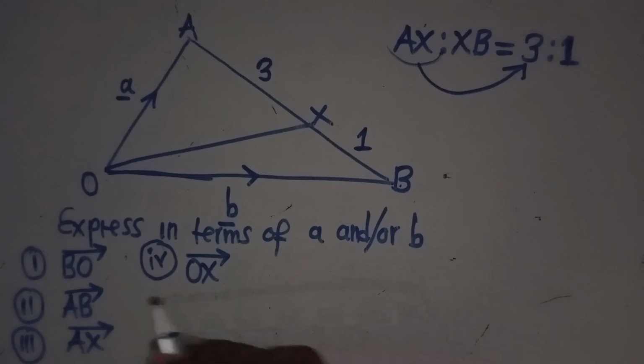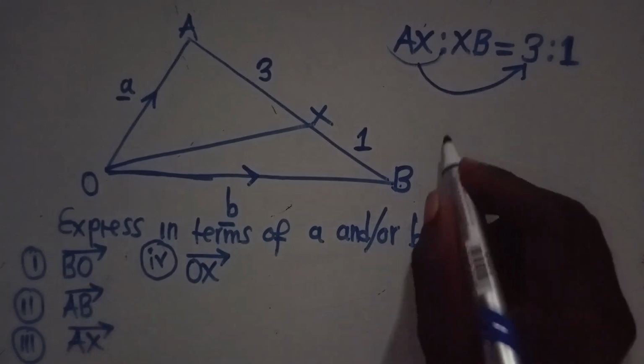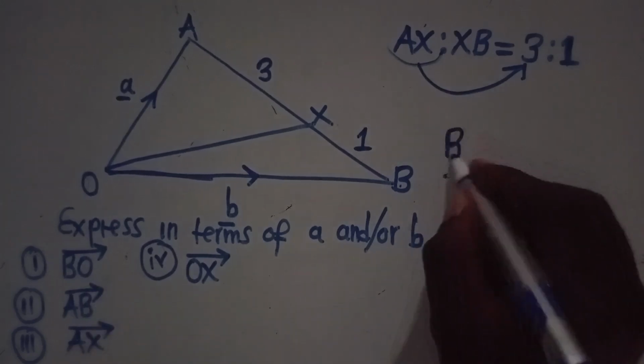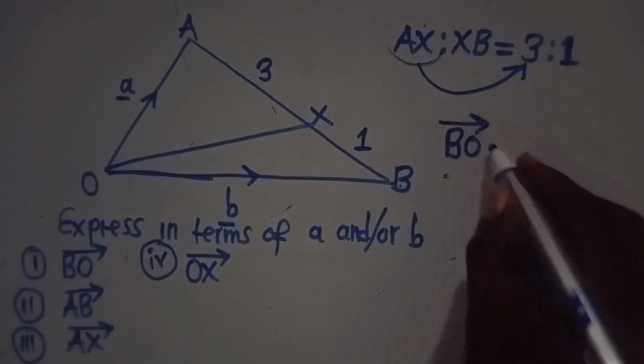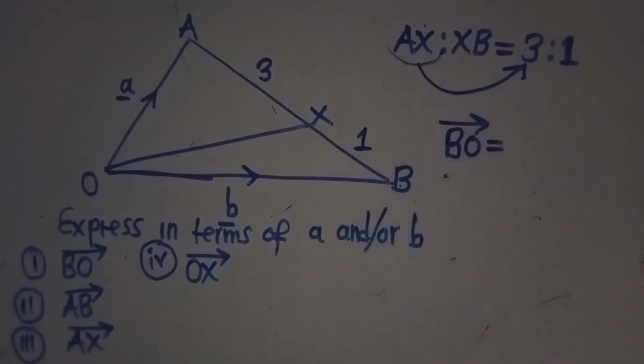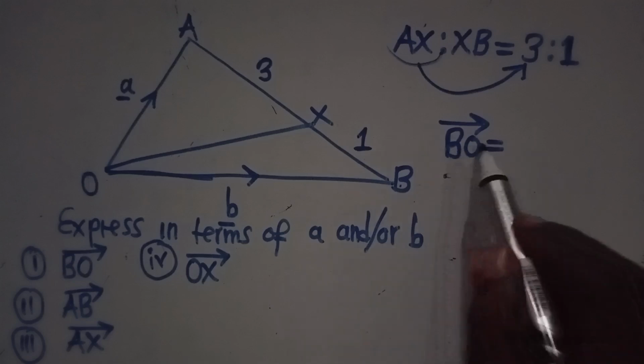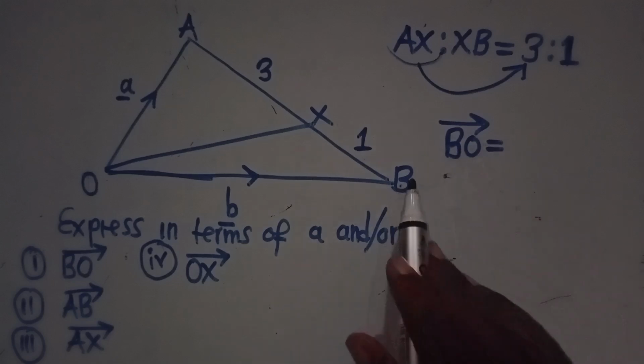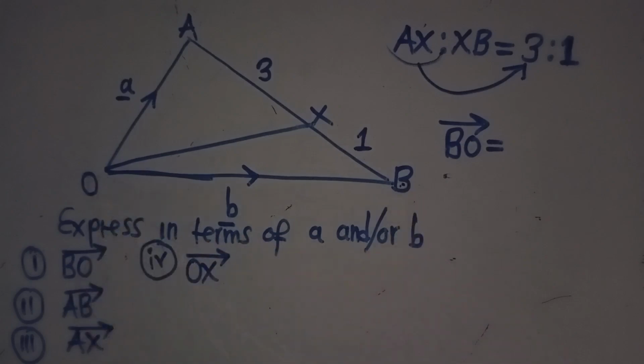So when I'm told to find BO, vector BO, how am I going to move from B to O? If I want to find BO, this is the vector that I want to find.